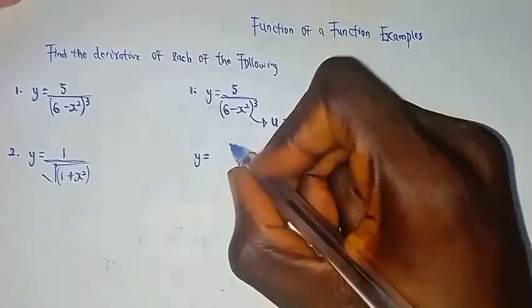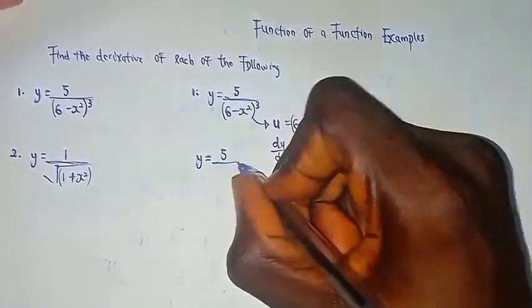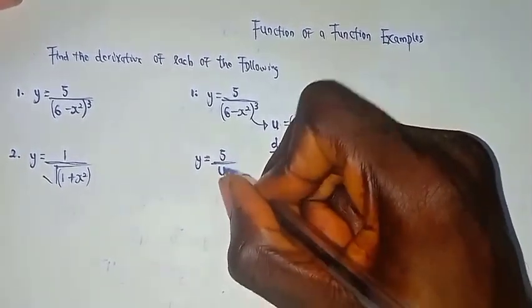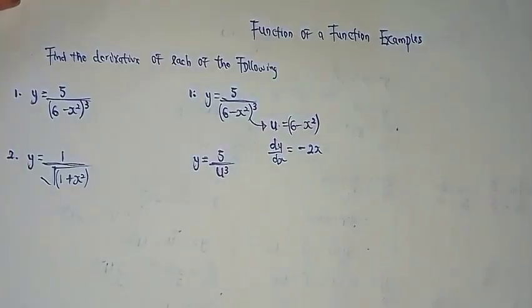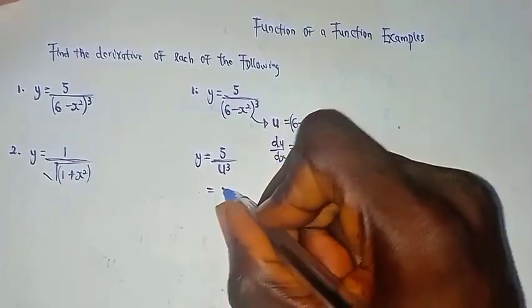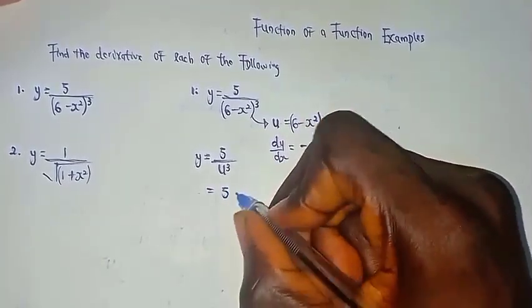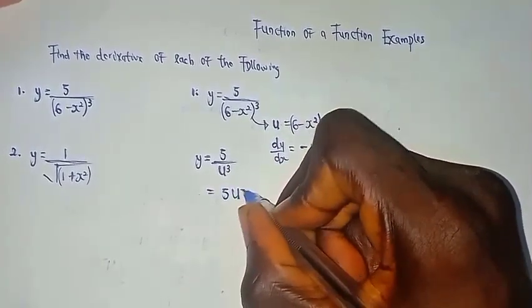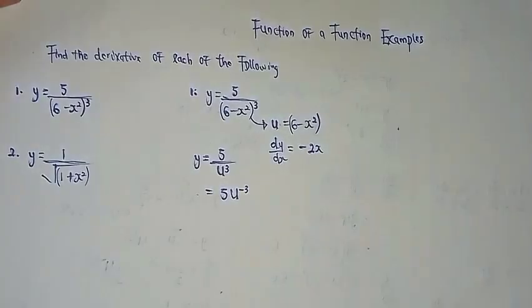So since u is equal to 6 minus x squared, that means our y will be equal to 5 all over u raised to the power of 3. And then from indices, we can simplify this further to be equal to 5u raised to the power minus 3.